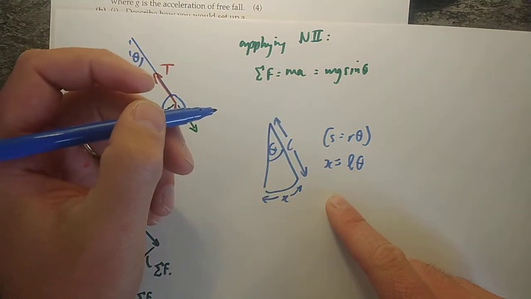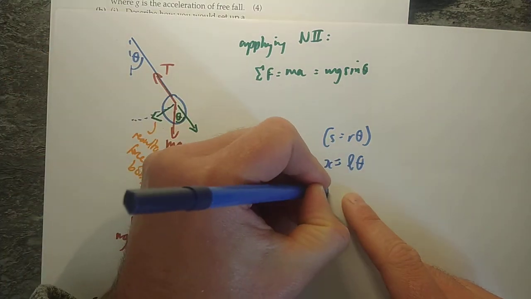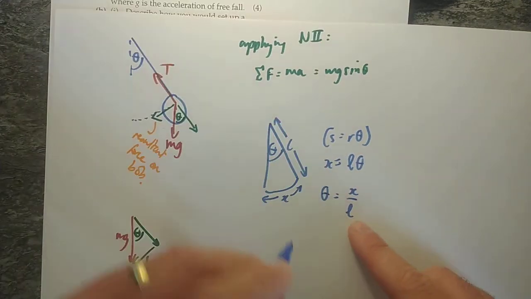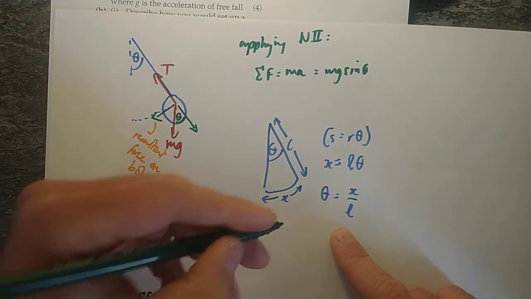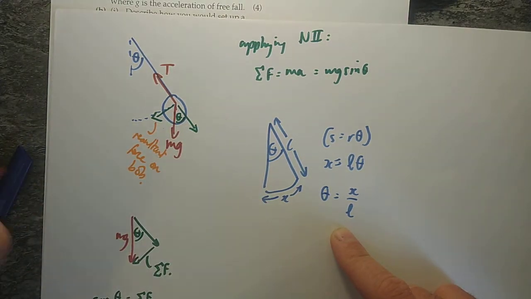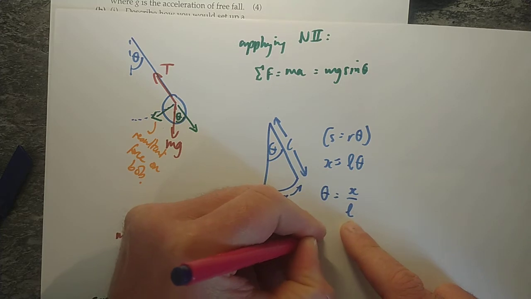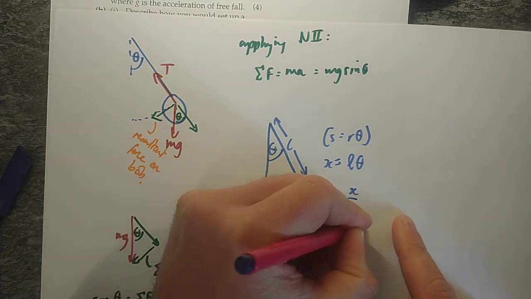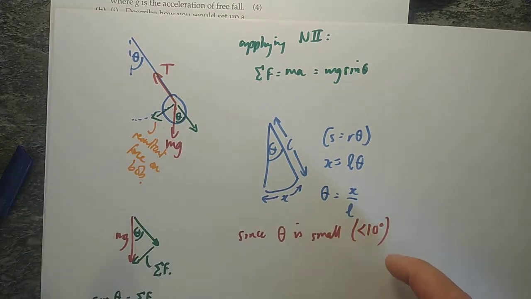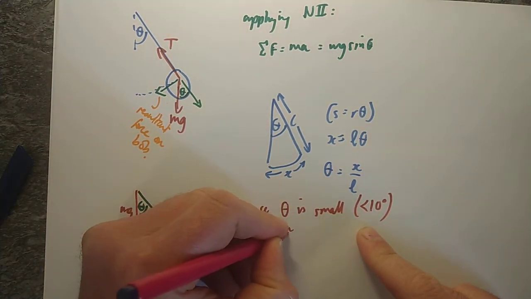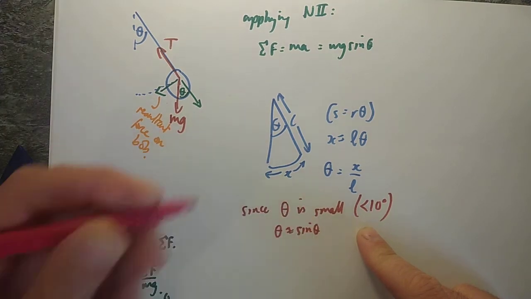So we can say that theta is equal to x over L. I'm just rearranging that. I should have done that before I went through the small angle approximation. And we can say that since theta is small, now it's normally taken as less than 10 degrees, sometimes 15 degrees, theta is roughly equal to sine theta.